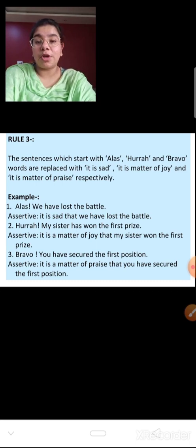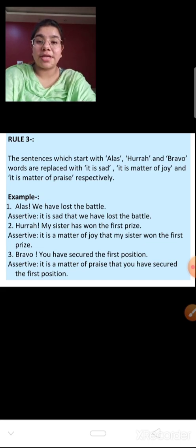Like in rule number 1, we have to remove how and what, and we added very, and the sentence has to start with the subject. Rule number 2, if it is written oh, what, would, if, all these words are removed, and instead of them I wish has to be written there.